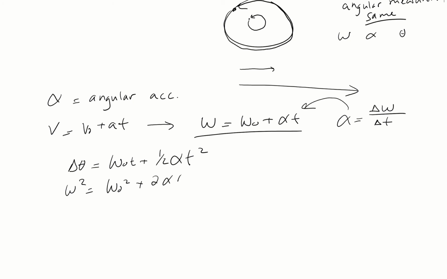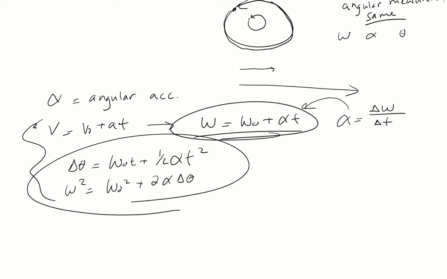The biggest concept that comes with these three equations is the fact that when can I and can I not use these, right? We can only use these if the object is accelerating angularly, which means I would not use them if it's uniform circular motion, because if it's uniform circular motion, it is not speeding up as it rotates, and therefore it is not accelerating angularly.